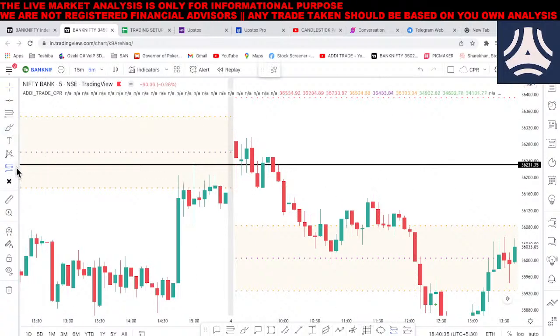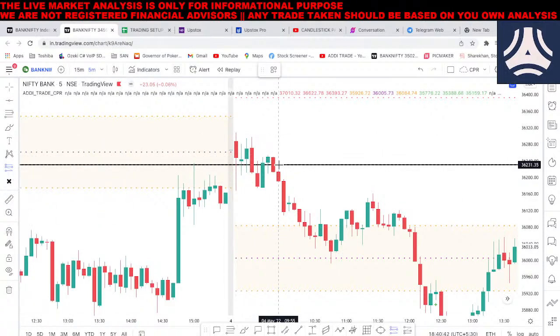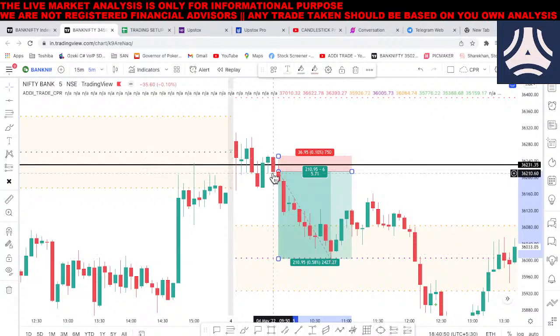But the best part about this retest is we have a much shorter stop loss. See, after this candle, if we had entered, our stop loss was only 36 points.